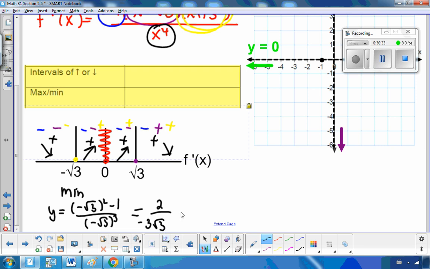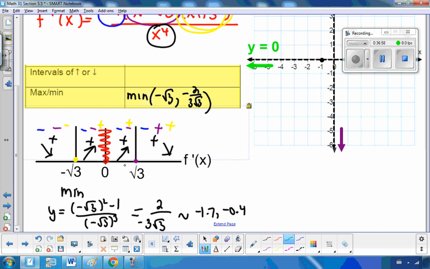So I'm going to say that that's -2 over 3√3. So I have a minimum at -√3 and -2 over 3√3. And I'm not going to worry terribly about rationalizing that denominator. I want to know approximately where that is, and that's about at -1.7 and -0.4.